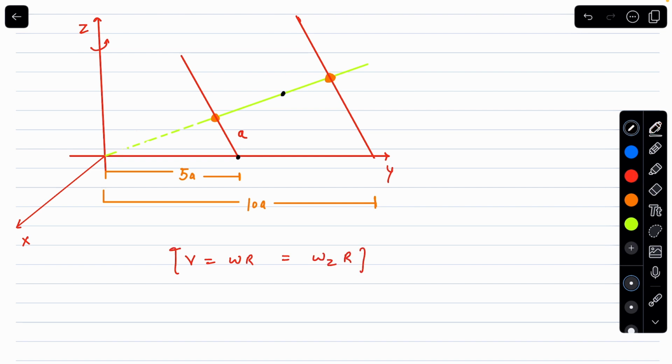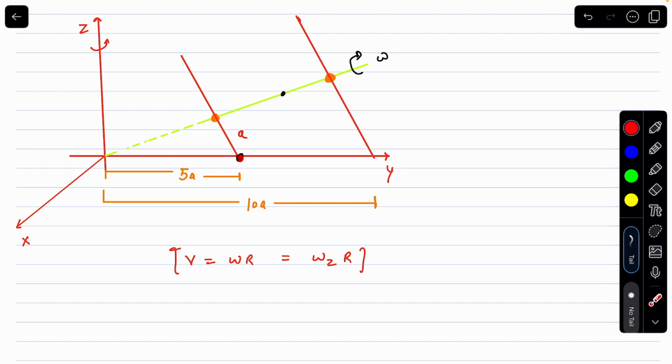Now the next thing is that this is also rotating about its own axis. It is doing the rolling motion. So this point's velocity I can also give with this omega, which is omega multiplied by r.